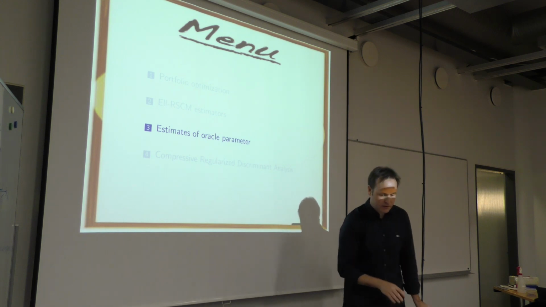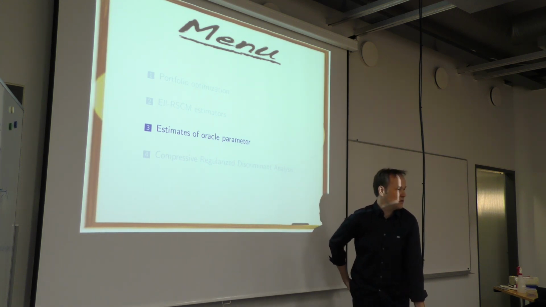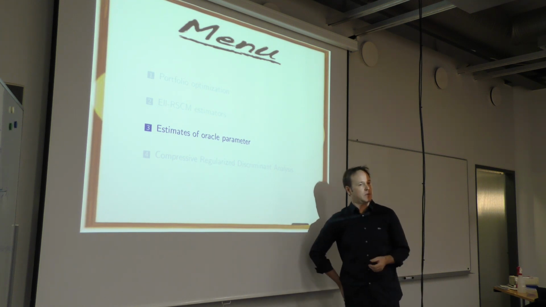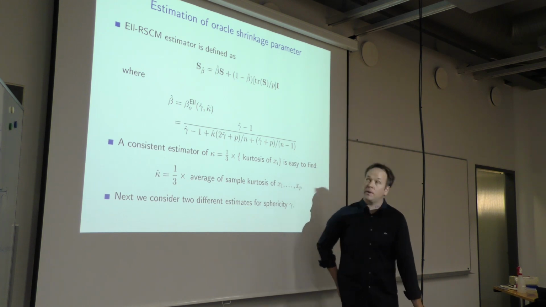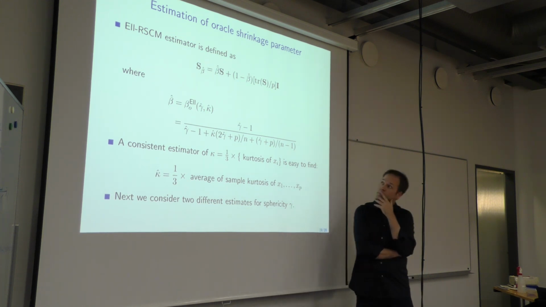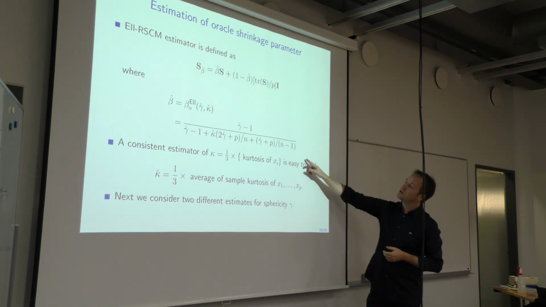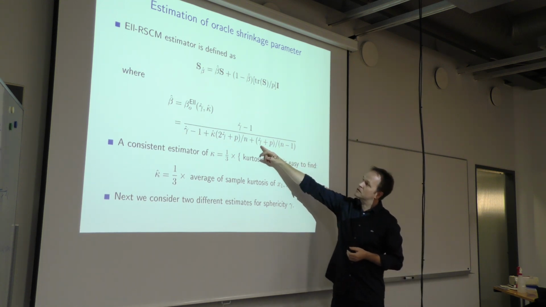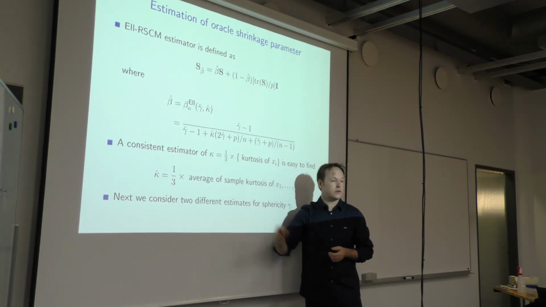So we have a quite neat, easy formula for that optimal shrinkage, but now we need to estimate those parameters. So basically, this was the estimator. We have an estimator for the sphericity, gamma hat, and the kurtosis, kappa hat.